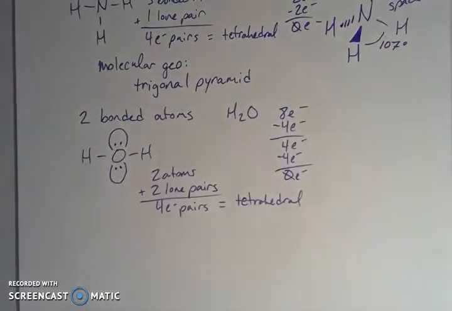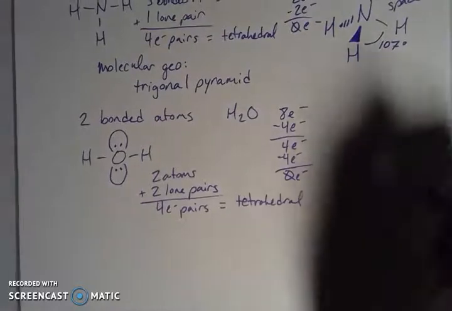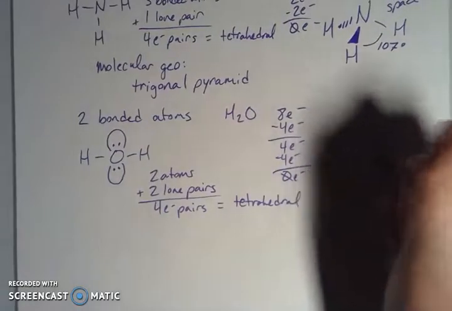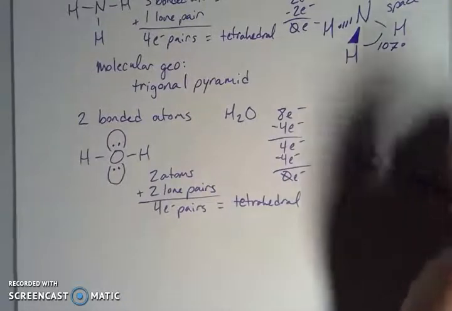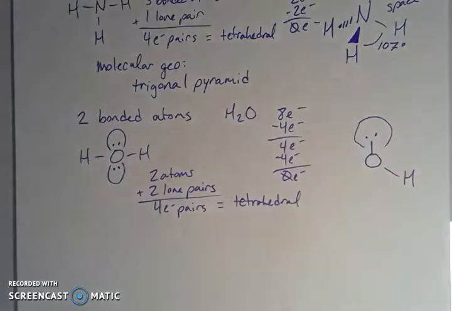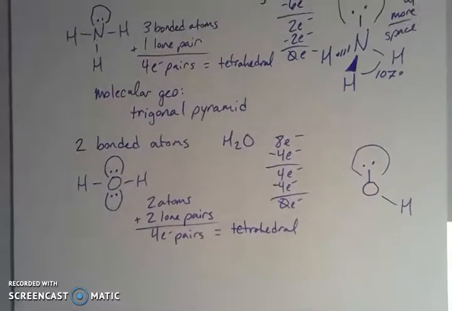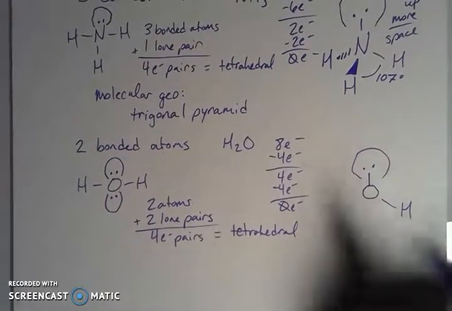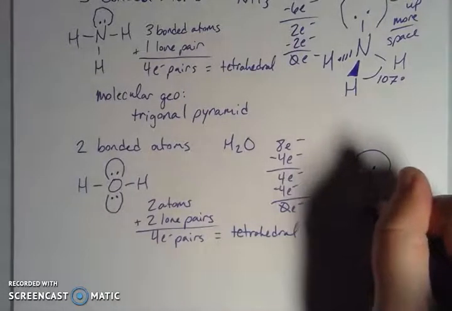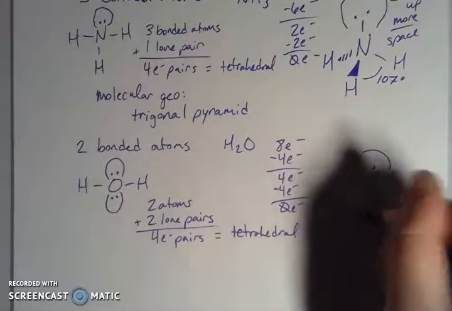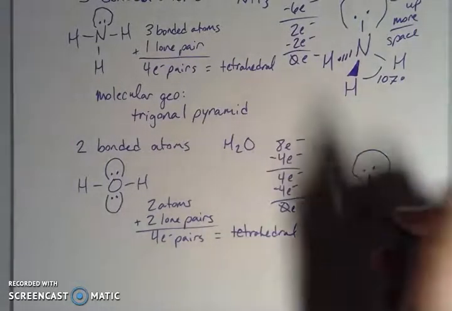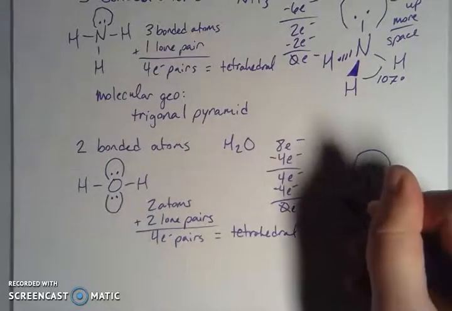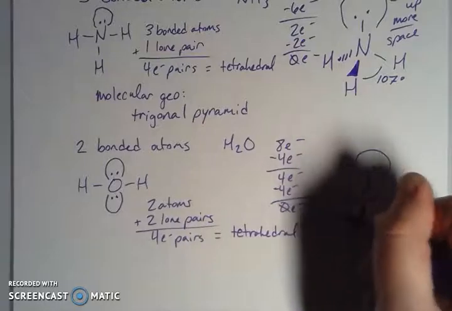So I have VSEPR geometry that's tetrahedral, so I can draw this thing like a tetrahedron, and I'm going to. So here's my oxygen. I'm going to draw my lone pair and one of my hydrogens in the plane of the paper in the same way that I did with my ammonia up here. Now, one of my other hydrogens is going to come out at you, coming out of the page, and then going back into the page is my other lone pair.